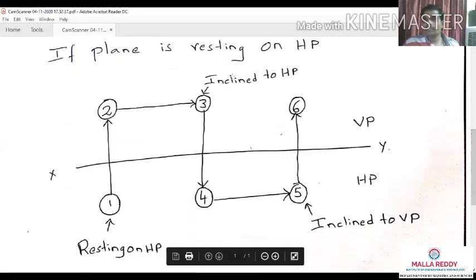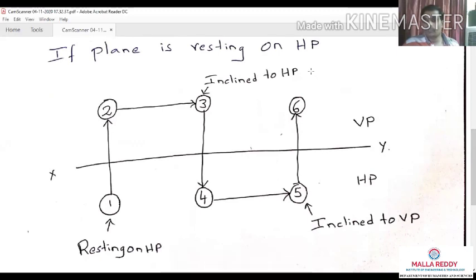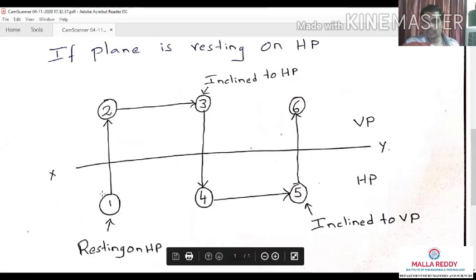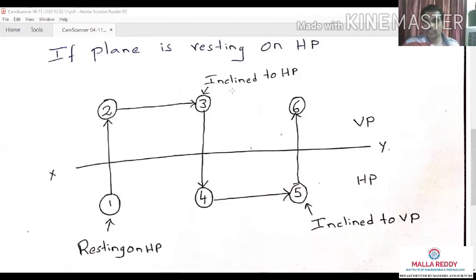And if the plane is resting on the horizontal plane, in the first step we draw it below the XY line, and the projection continues like this. The third step will be inclined to HP.